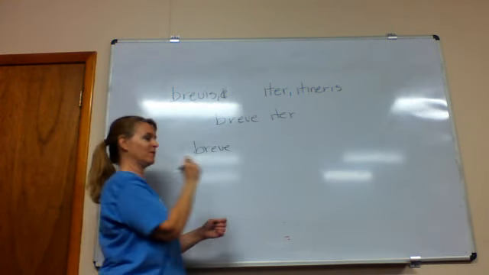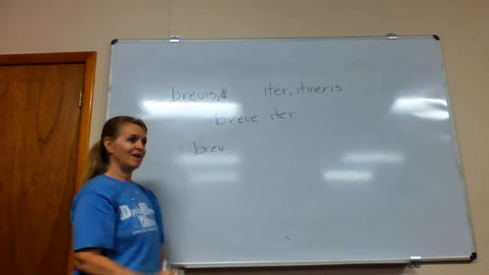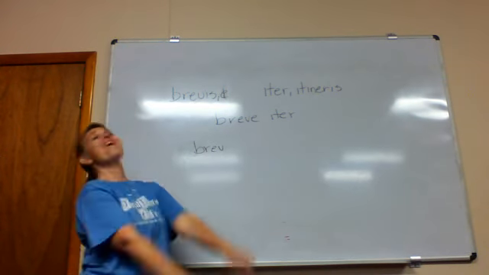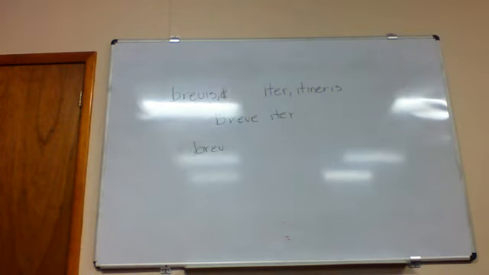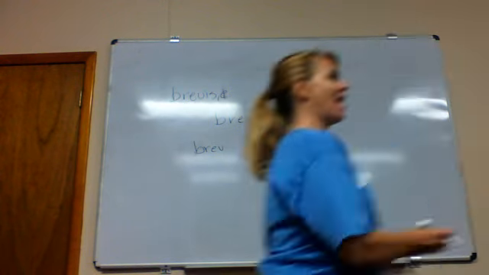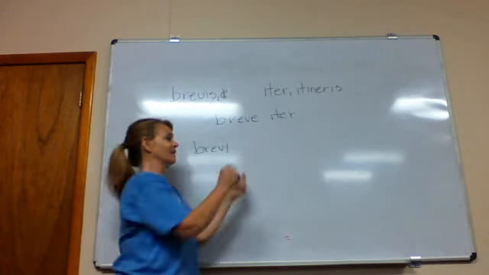Okay, so we want to put an ablative singular. Robin, what ending do you think needs to be there? I checked out a long time ago. Oh, she checked out. That's okay, just turn to your page. See, we can look. Sometimes. Brevi, right? Letter I. Okay, brevi. Now how about here?